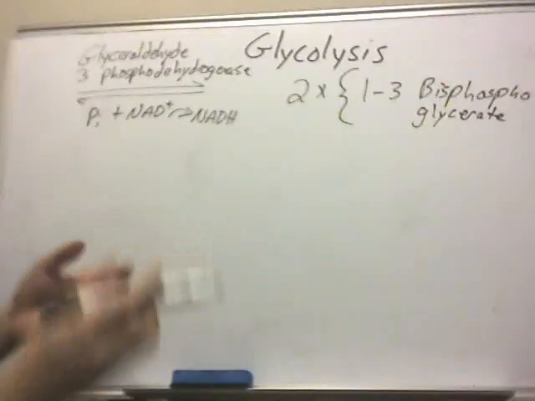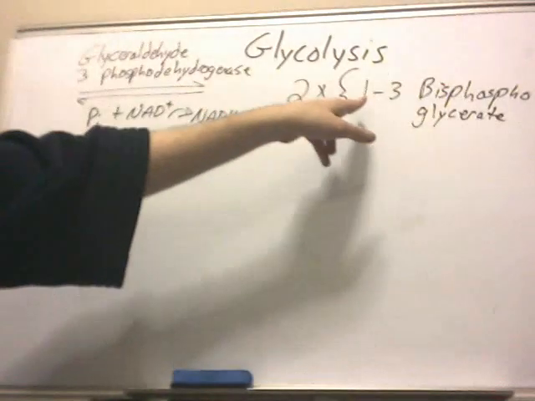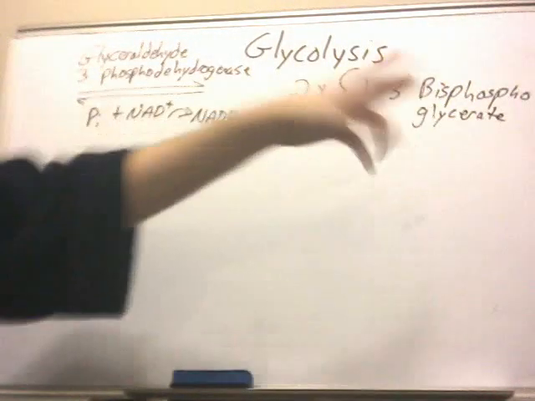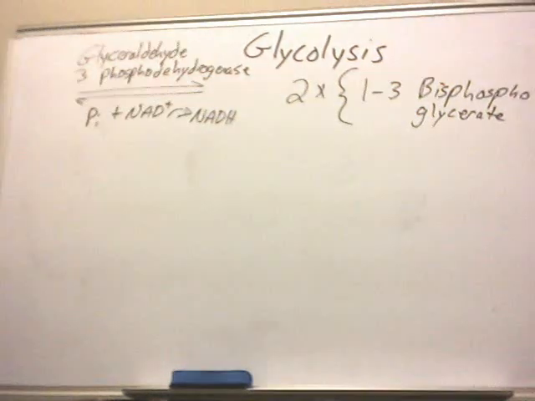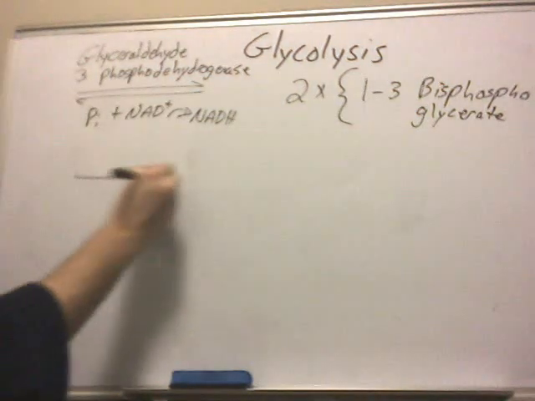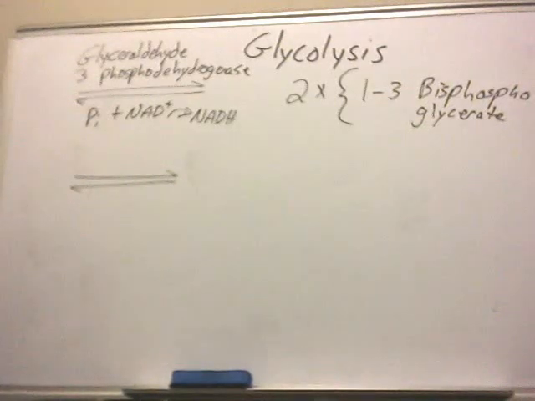As the name implies, we're going to have a phosphate group on carbon 1 and 3 of the glycerate. So from this, we have an irreversible reaction with phosphoglycerate kinase.